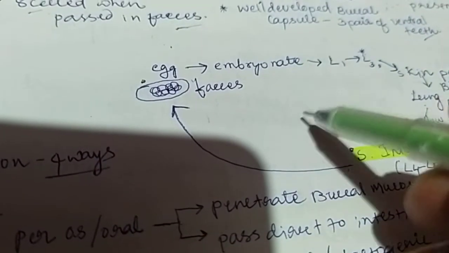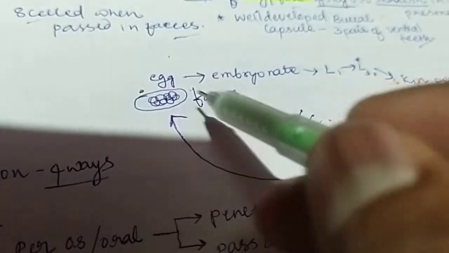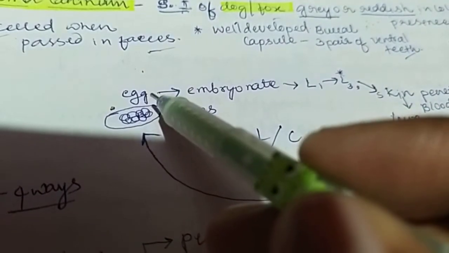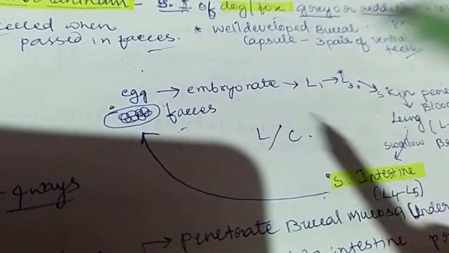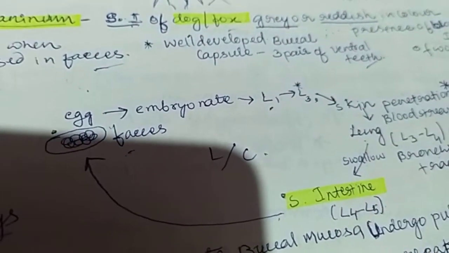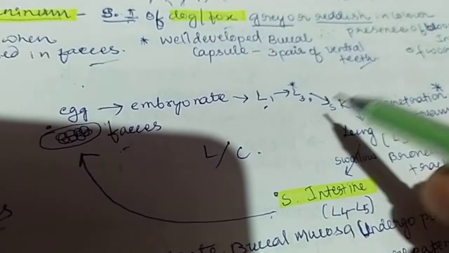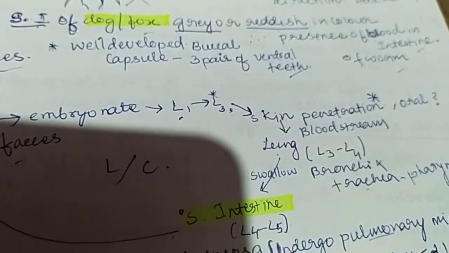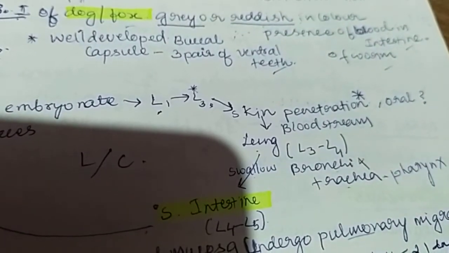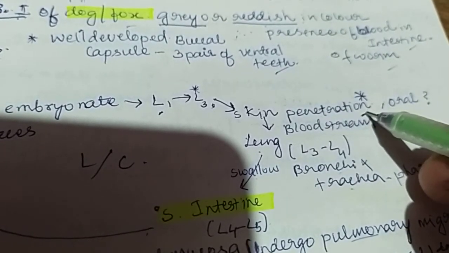Now let us come to the life cycle. These eggs are voided in the feces, and those eggs are 8-celled. After embryonation, those eggs will hatch to produce L1 larva, and these L1 larva will molt to produce L2 and again L3. L3 is the infective stage, and this L3 leads to the infection in the host. The infection is mainly via 4 routes, and the most important one is via skin penetration.